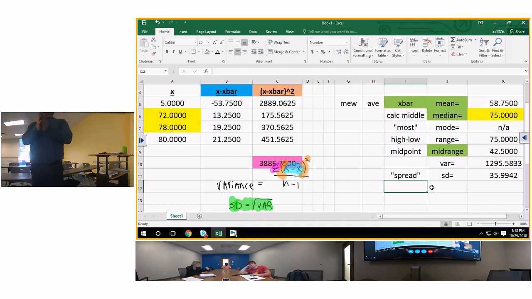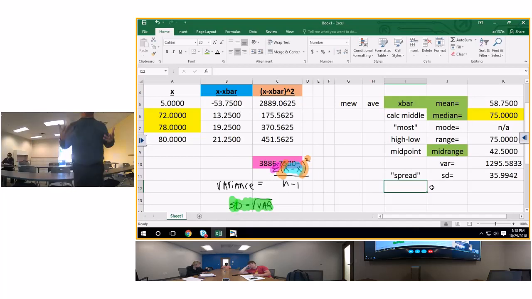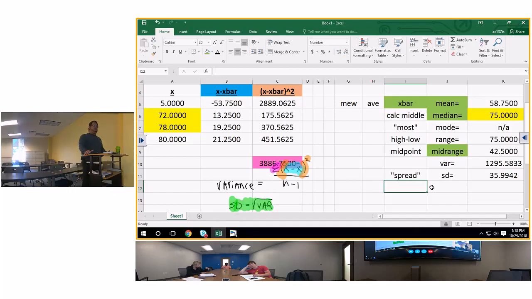If it's large, the number is going to be larger than if it was small. How do you know what's small? Well, if you got double digits, like 72, 78, and 80, small is anything single digits. If you've got 105, 110, 115, then 20 is small, or 30 is small. You got to use a little bit of judgment there.